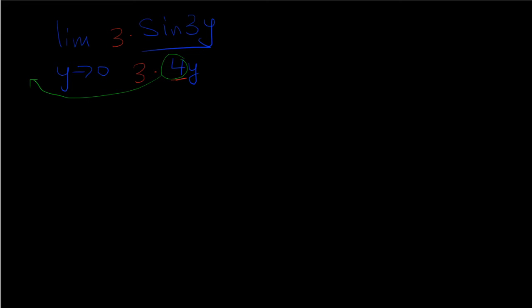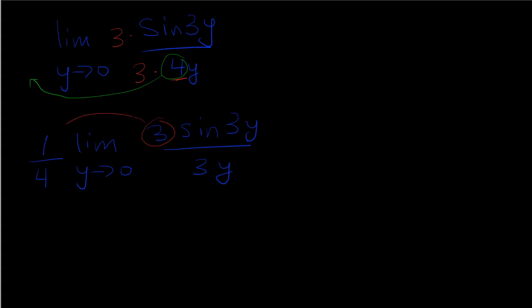So let's see how that looks. I have the 1/4 outside. And then I have the limit as y approaches 0 of 3 sine 3y over 3y. And then I'm also going to take this 3, so this 3 over here also wants to come out.